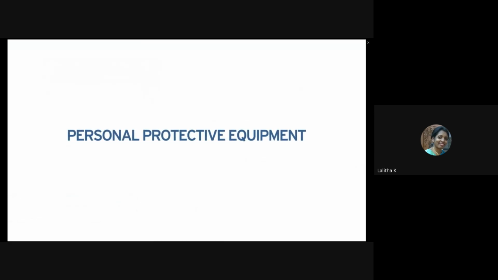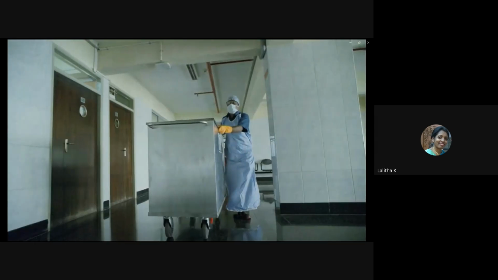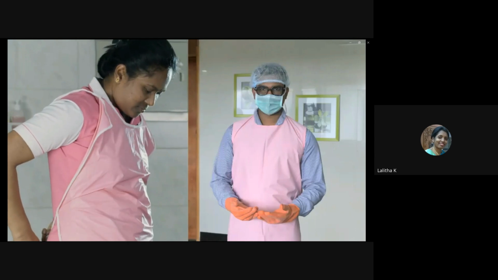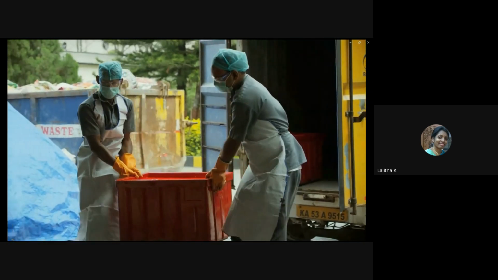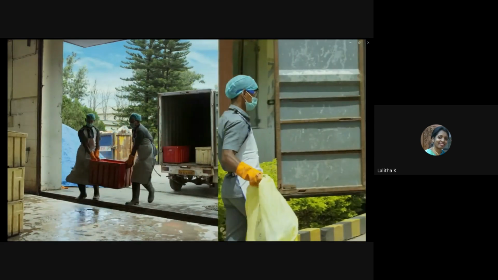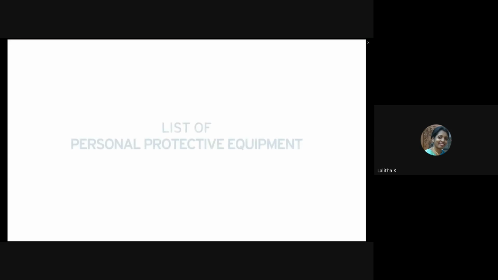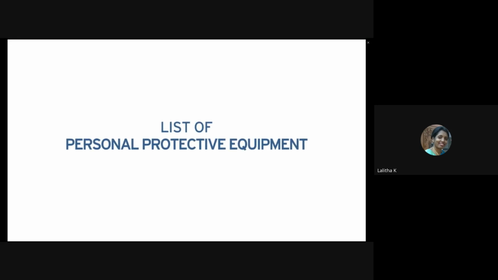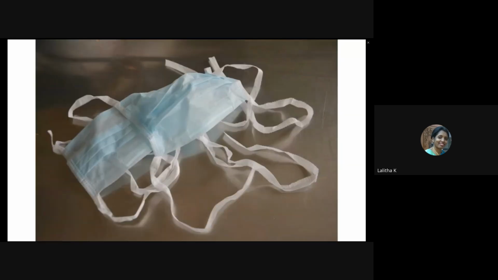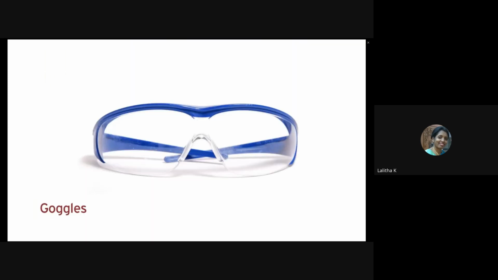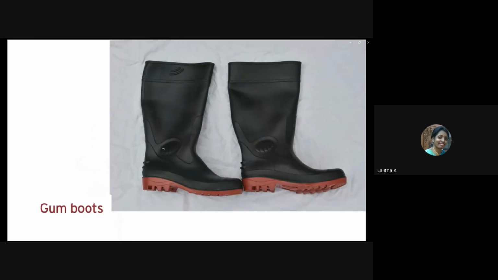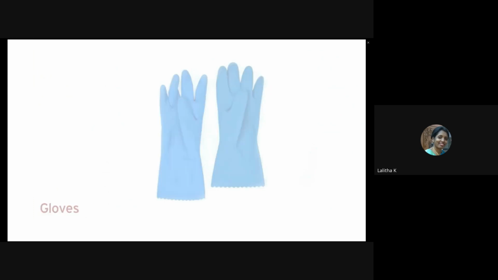Personal protective equipment. Personal protective equipment are specialized clothing or equipment which act as barriers against infectious materials. It should be made available to all personnel who collect or handle waste. The following are to be used by all those who handle biomedical waste: cap or head cover, mask, goggles or face shield, gown, gumboots, and heavy-duty gloves.